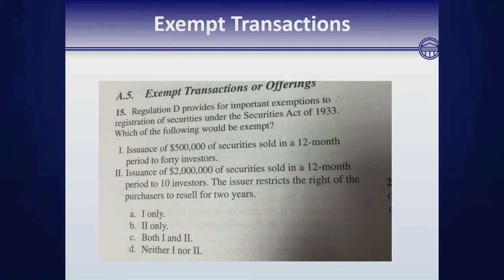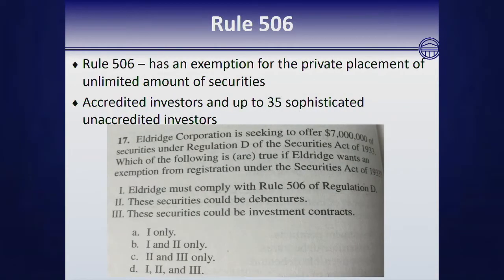So let's look at the next one. Just to refresh your memory, Rule 506 has an exemption for the private placement of an unlimited amount of securities. Accredited investors and up to 35 sophisticated unaccredited investors would be allowed. So 17, Eldridge Corporation is seeking to offer $7 million of securities under Regulation D of the Securities Act of 1933.